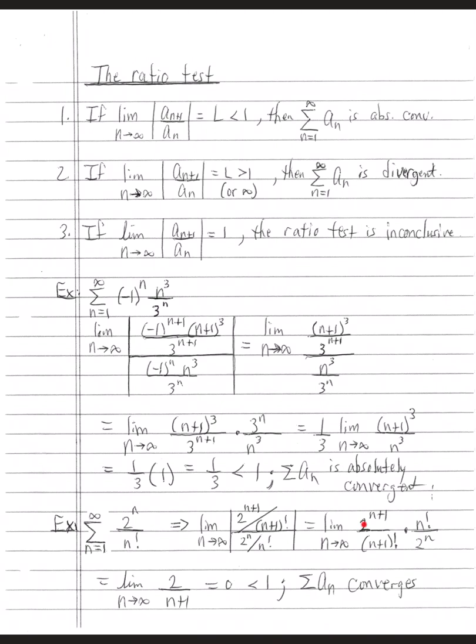2 to the n plus 1 is 2 to the n times 2 to the first. Those 2 to the n's will cancel. Remember that n plus 1 factorial is the same as n plus 1 times n factorial.